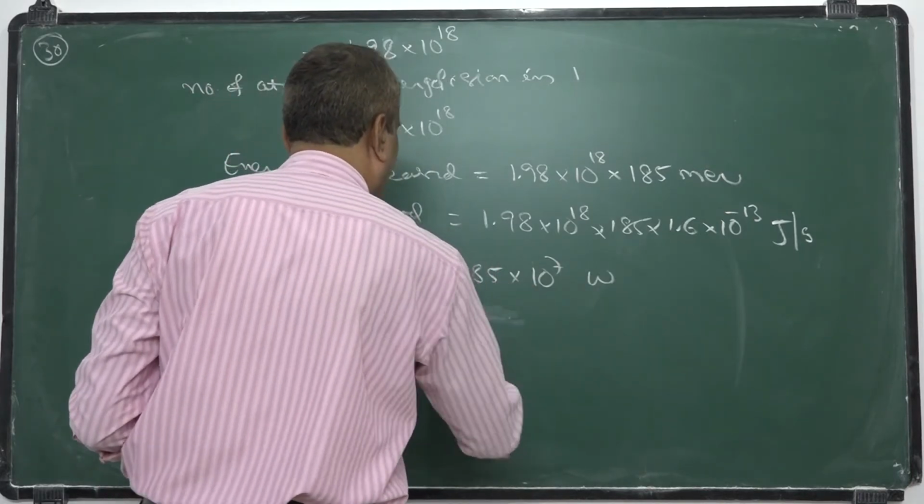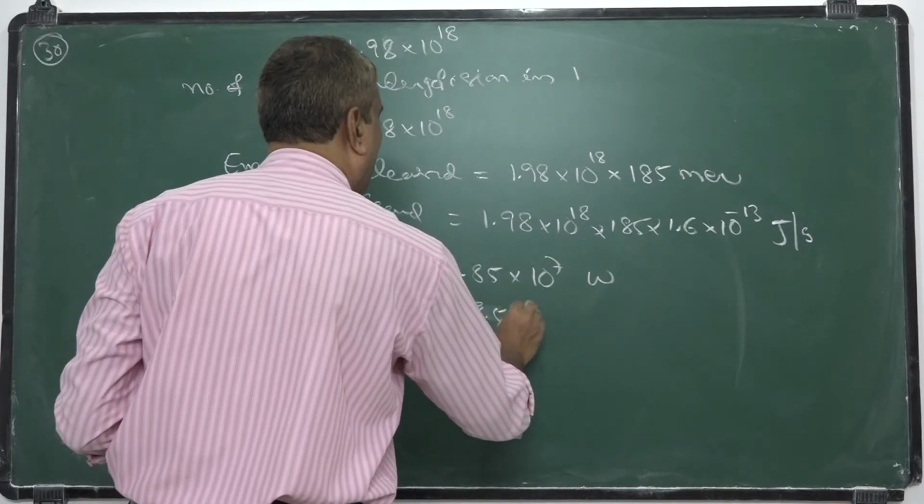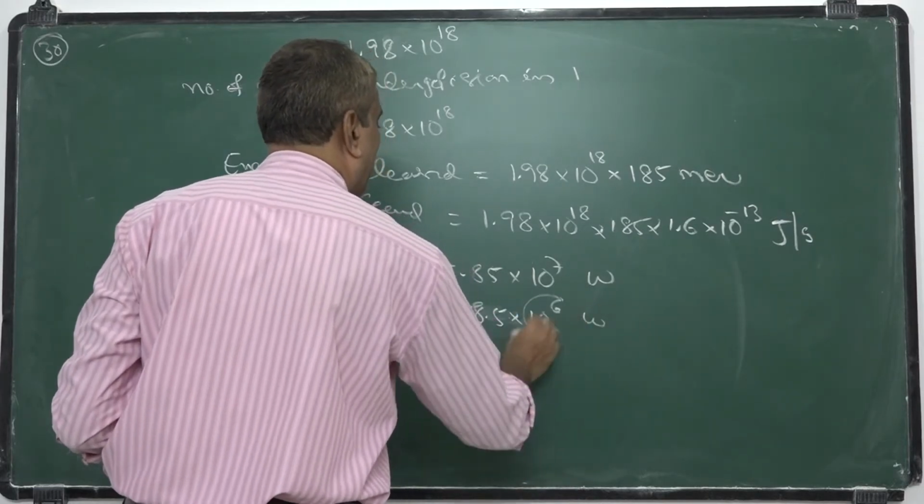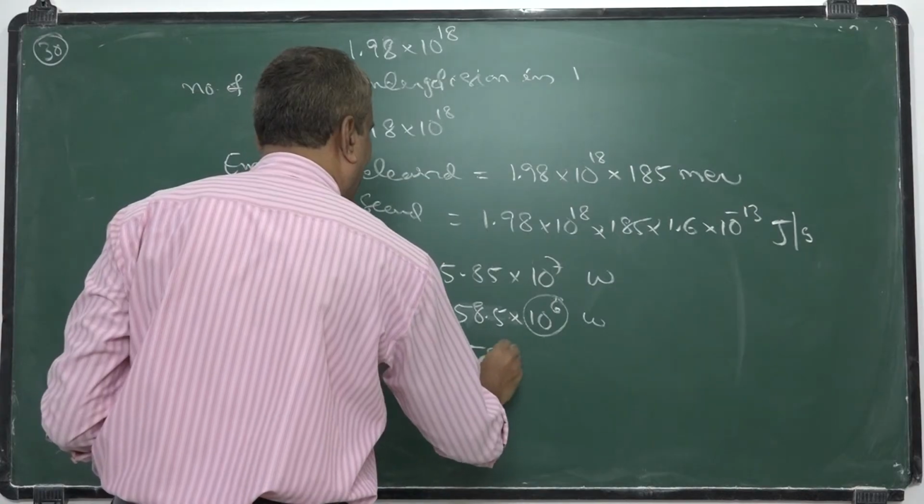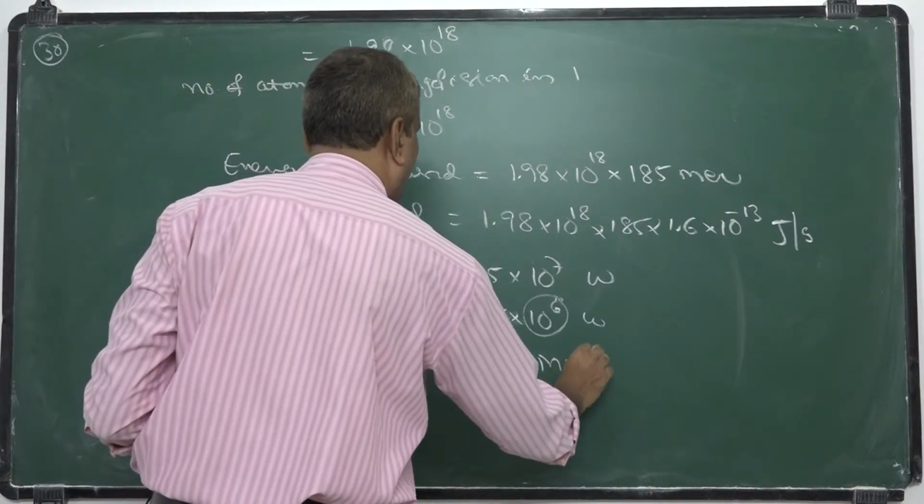So we can write it as 58.5 into 10 to the power 6 watt. So 10 to the power 6 is mega. So 58.5 megawatt.